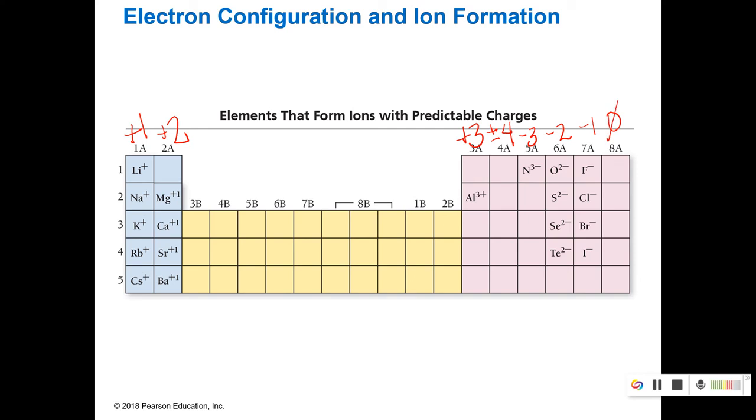Okay, notice all of the ones in the center, those have differing charges, those transition metals, so they don't have charges over them. But notice column 4A, that's carbon's column, it has plus or minus, and that's because it's pretty split of whether they're going to gain or lose their electrons.